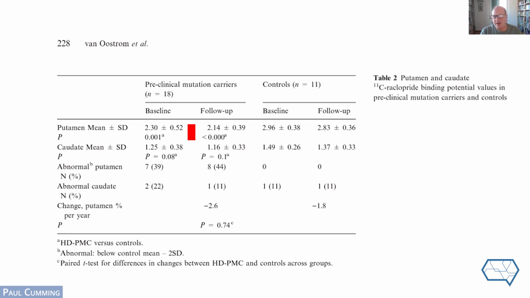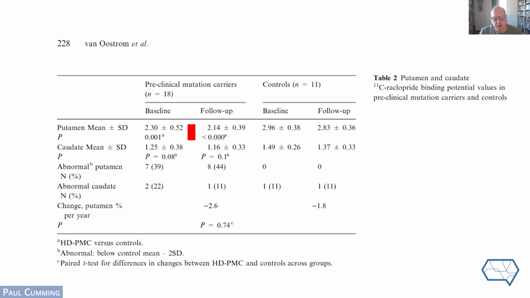So they don't have symptoms, but they already have a 20% reduction in dopamine receptors in the putamen. And furthermore, to follow up, you see where the red bar is, they went from 2.3 to only 2.1. That is a 10% decline just in a couple of years between scan 1 and scan 2, whereas healthy controls only have a very low loss of dopamine receptors to follow up.